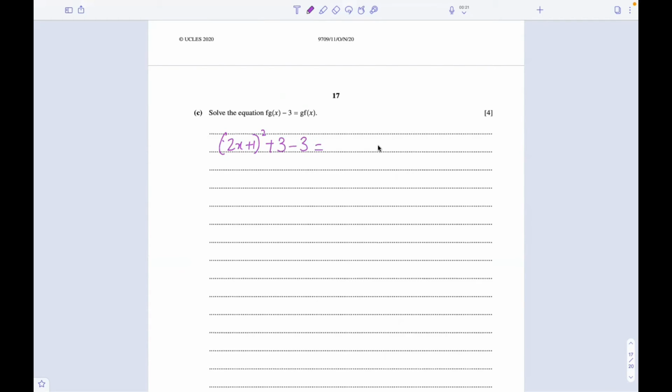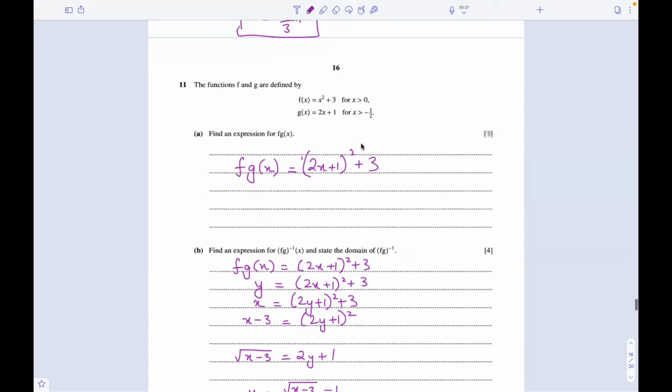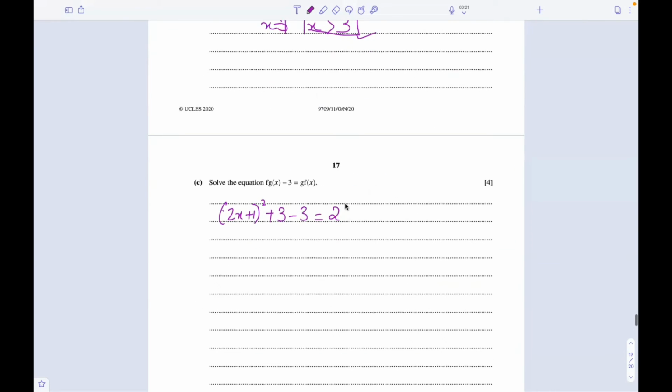For gf of x, the function g was 2x plus 1, and the x will be replaced by x squared plus 3. So we'll write 2 multiplied by (x squared plus 3) plus 1. Expanding this, we get 4x squared plus 4x plus 1. The 3 and 3 will cancel out. And on this side, we have 2x squared plus 6 plus 1, which is equal to 7.